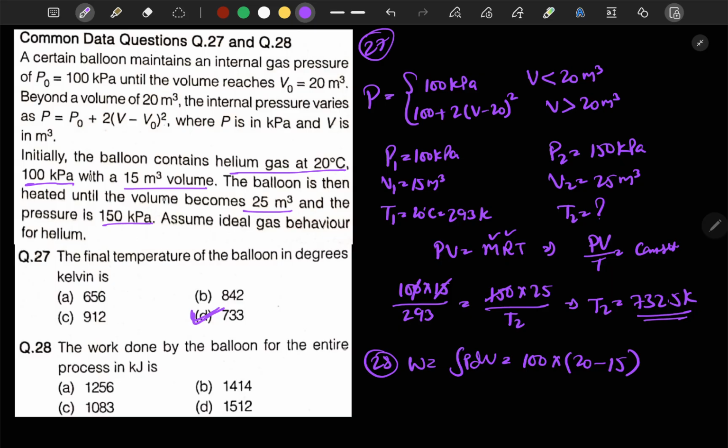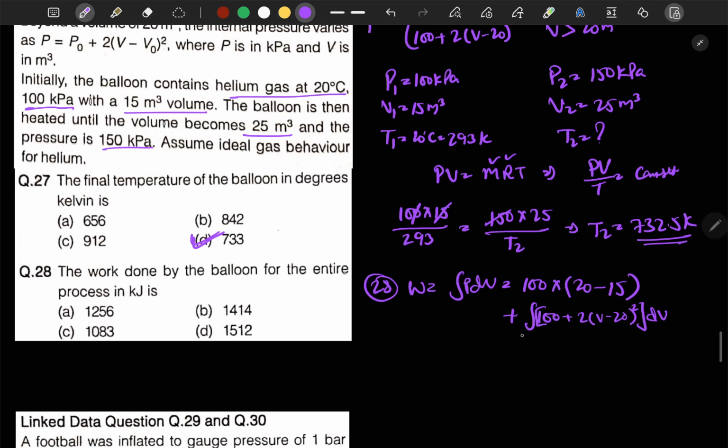So this is the constant pressure acting, plus after that there is a variation, and the variation is in terms of 100 plus 2 times of V minus 20 whole square into dV from volume 20 to 25.